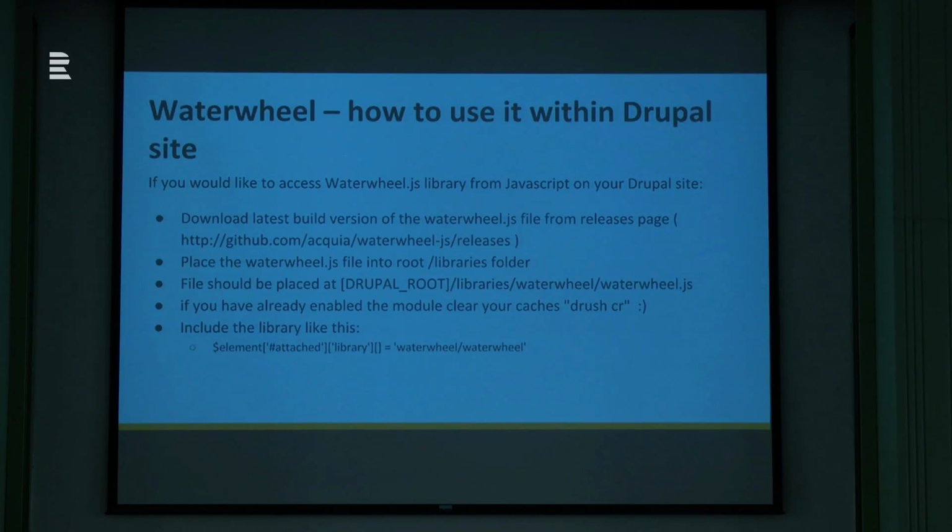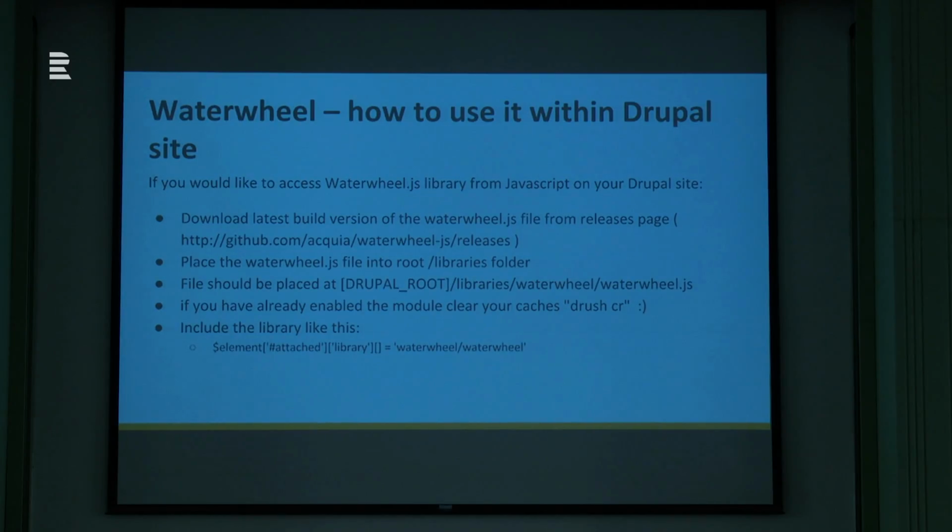Okay, so how do you use Waterwheel inside the site? To use it inside Drupal, don't use the clone from Git, because it will fetch the data that is actually being used on the Node.js server.